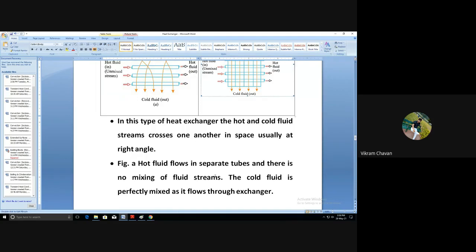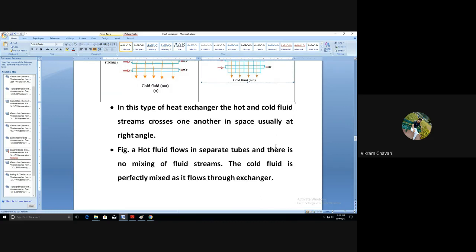Second point, about figure A: hot fluid flows in separate tubes, and there is no mixing of the fluid streams.